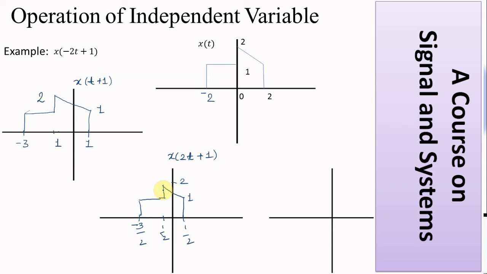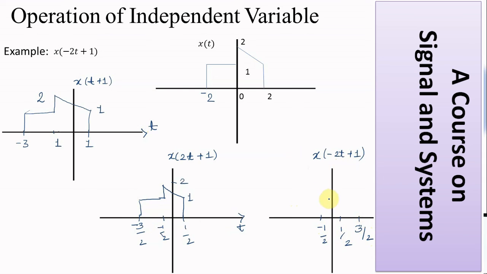Now what is finally required is x of -2t plus 1, which means now I will perform the operation of reversal. So we'll take all the points in time and make them negative. So -3 by 2 becomes 3 by 2. Minus 1 by 2 becomes 1 by 2, and 1 by 2 becomes minus 1 by 2.